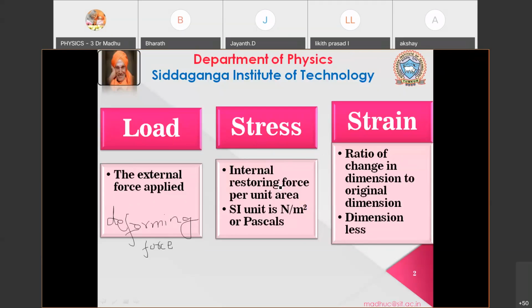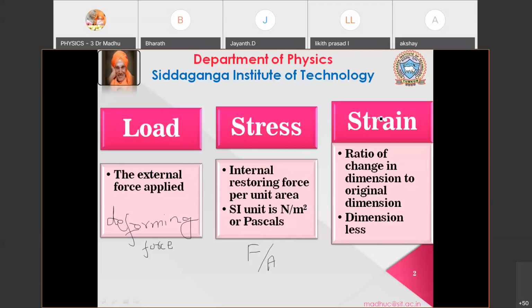That is what we call the internal restoring force. Restoring means it wants to come back to its original shape and size. That is what we call stress. Stress is normally given as force by area. The SI unit is Newton per meter square, or you can also use pascals.